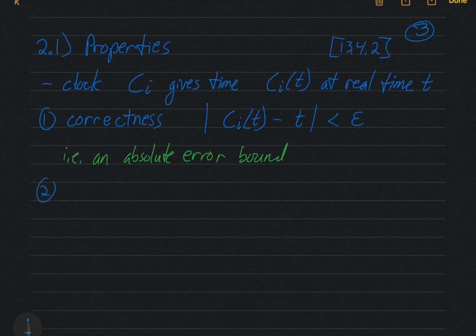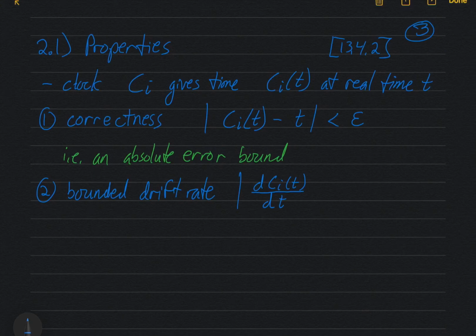Okay, property 2 is that we don't want our clock to drift too much or too quickly. So we'll call this bounded drift. Should really call it the bounded drift rate. Let's make it that. So it can be stated this way: we want the rate of change of the time that we're reading from our clock to be the same as the actual change in time.